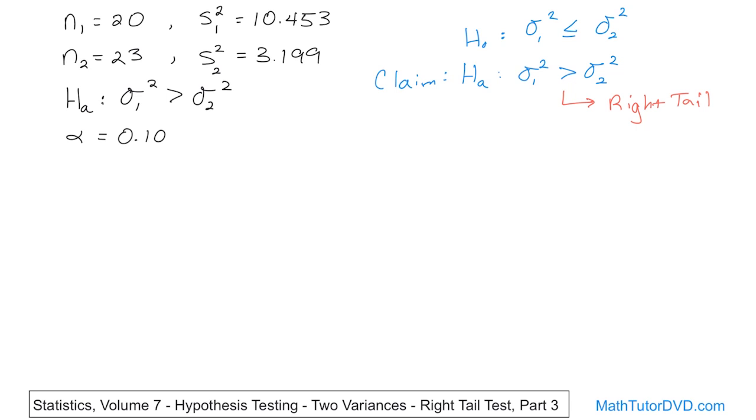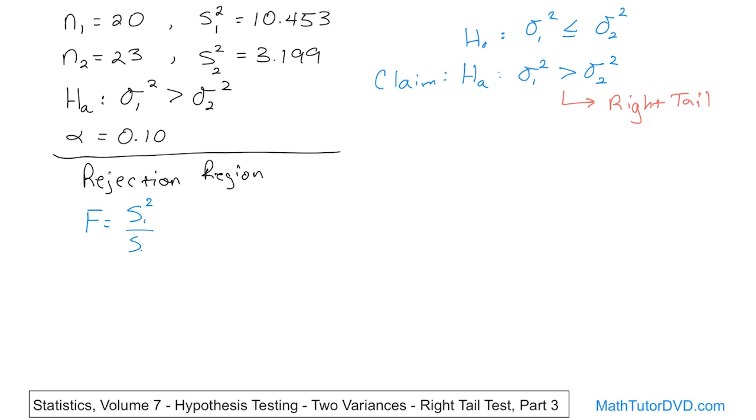You can do it in any order you want to, but let's go ahead and figure out the rejection region, basically the boundary there. To do that, remember that the test statistic we're going to eventually use is S1 squared over S2 squared. From this, we can calculate the degree of freedom of the numerator.